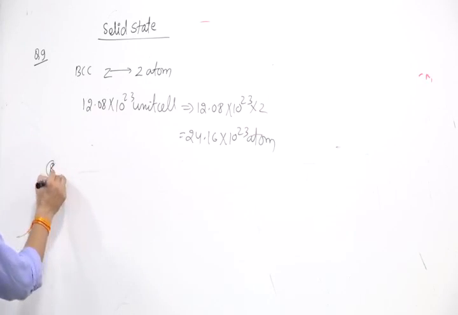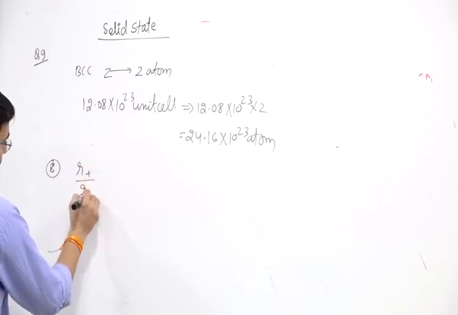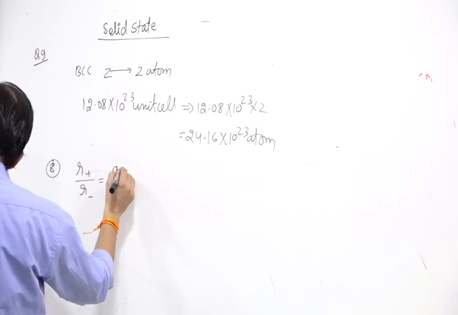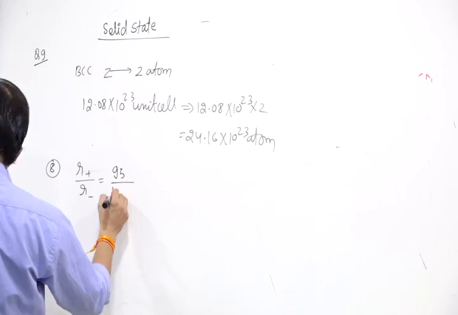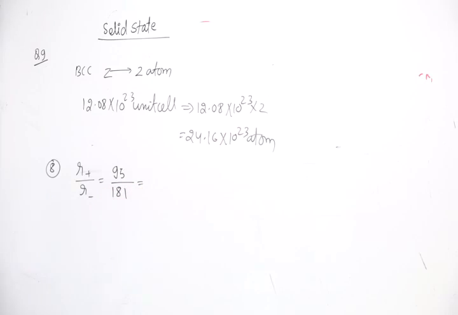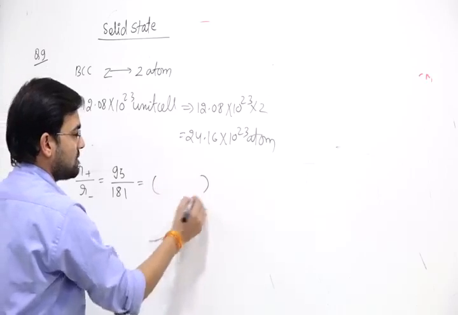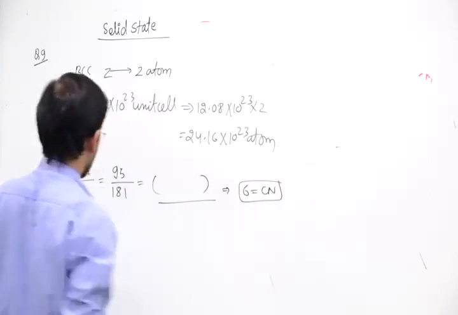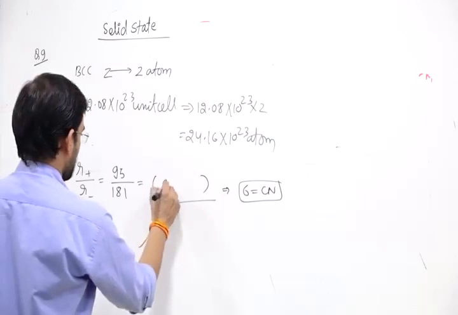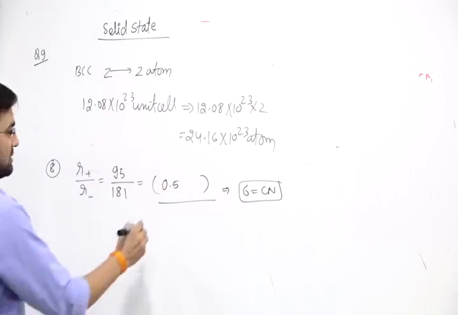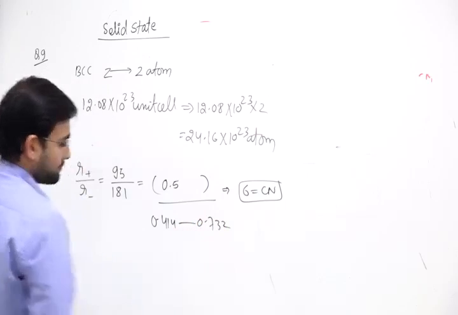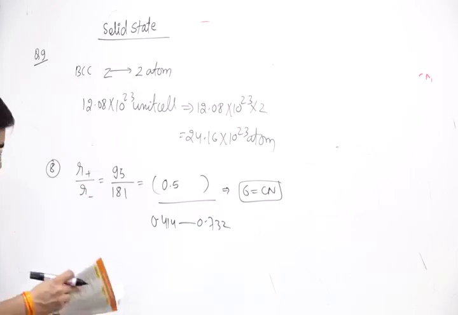R plus by R minus, 95 by 181, you will divide. Once you divide, whatever value you get, you find out the range. Which range is it? It will give you coordination number 6. It will come somewhere around 0.5, which lies in the range of 0.414 to 0.732.